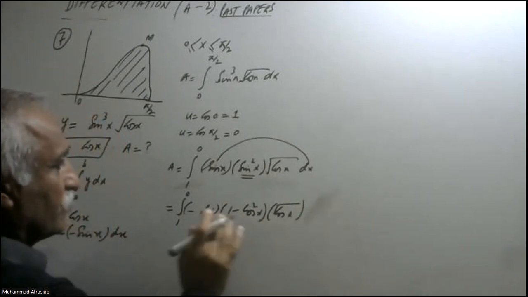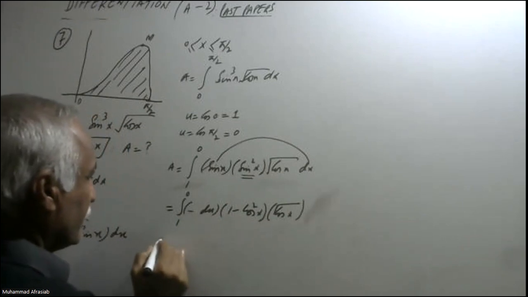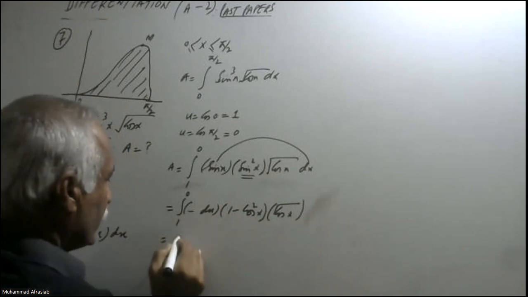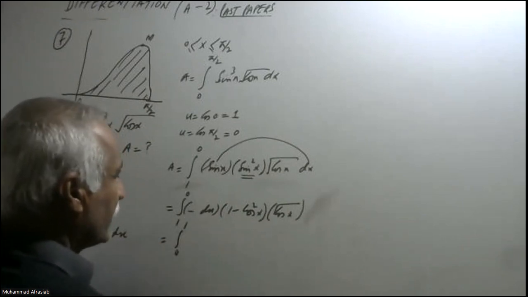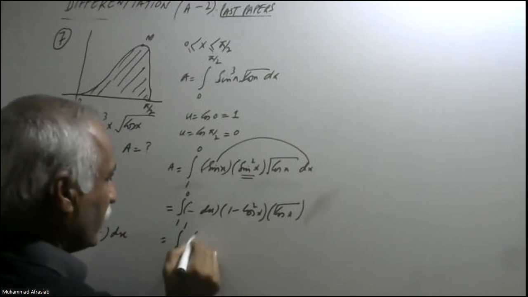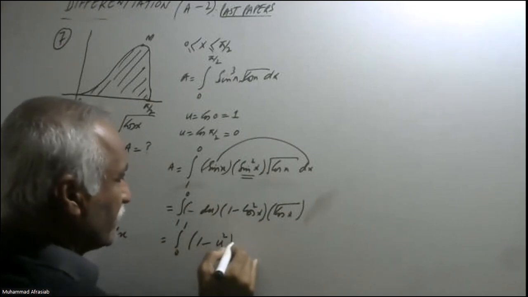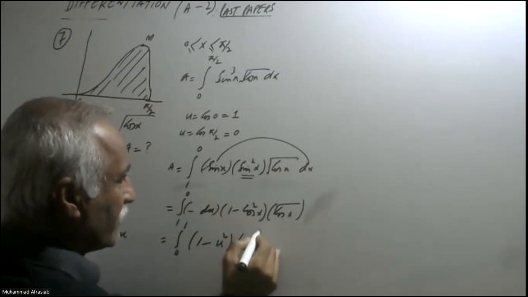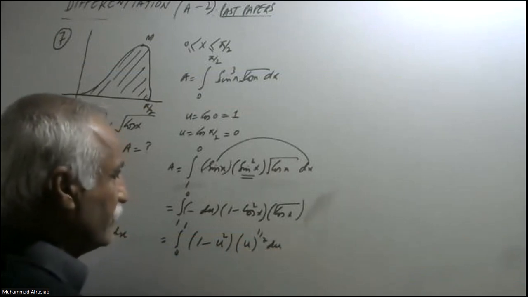Now we will substitute cos of x there. This minus is there, so the limits are changed and that will become 0 to 1, of 1 minus u square into u power half into du.